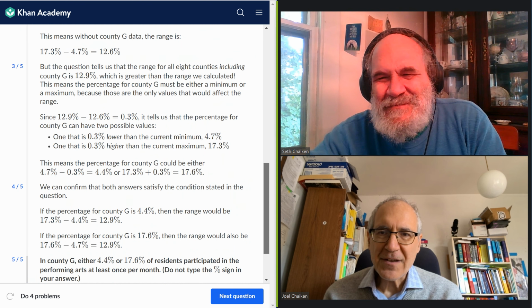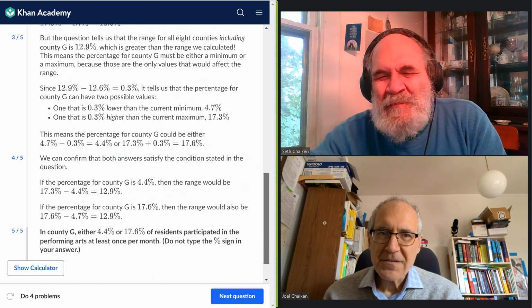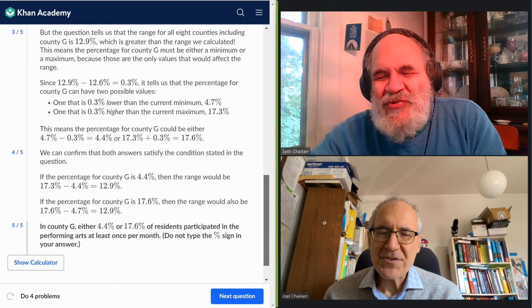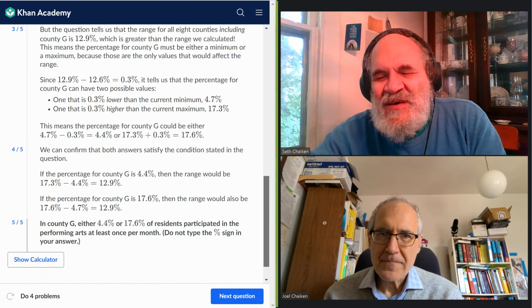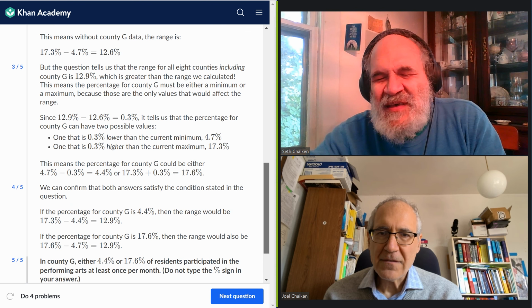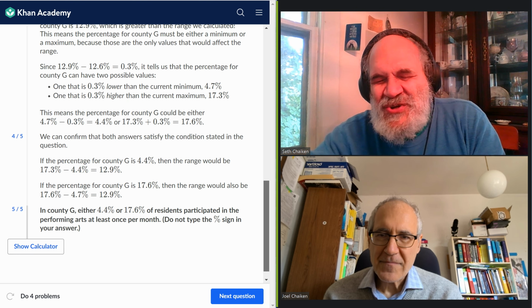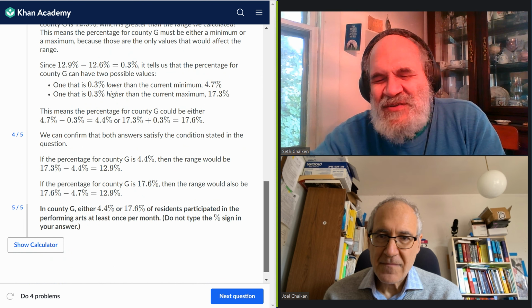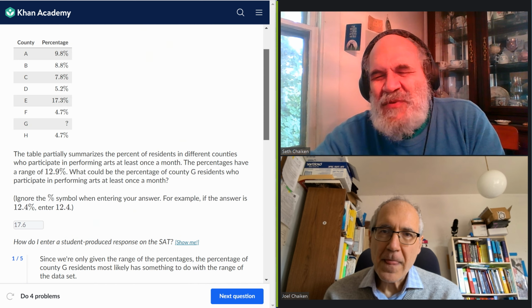No, G can be anything. G could be anything within that range, whose difference from any of the numbers is less than the range that they give. So any value of G that meets that criteria is possible. But they cooked up the problem.